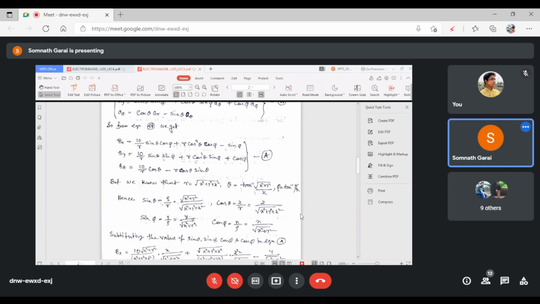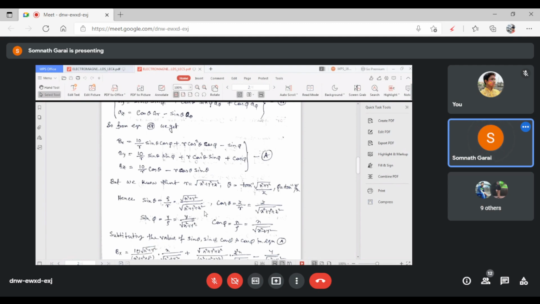Similarly, sin theta is equal to rho by r, because I just proved that rho is equal to r sin theta. And rho is equal to root over x square plus y square, r is equal to root under x square plus y square plus z square.